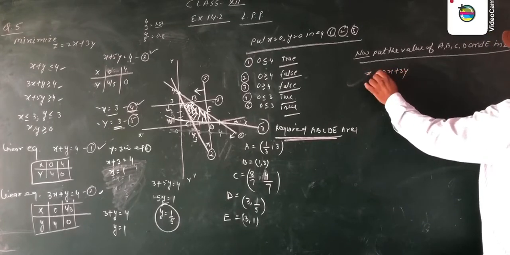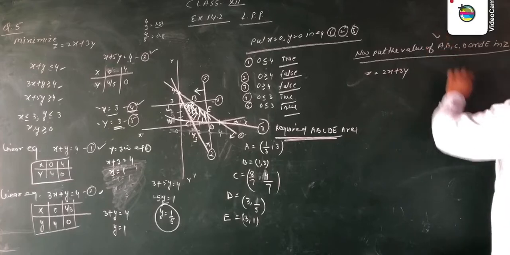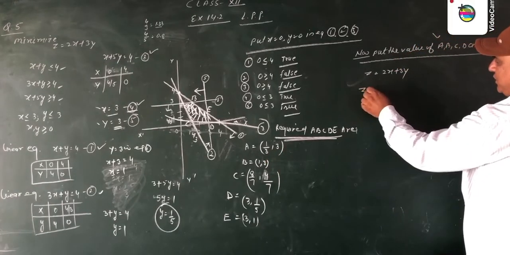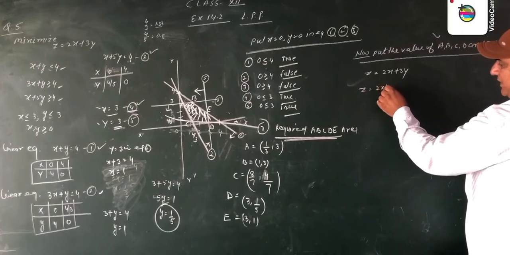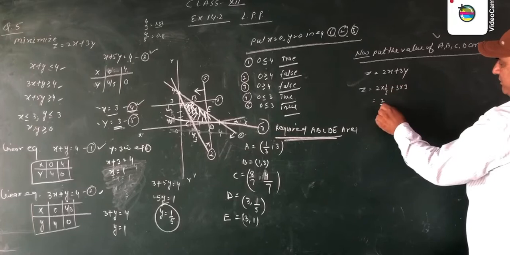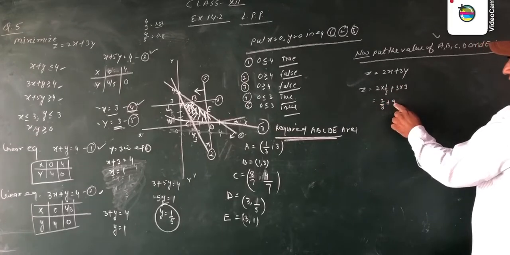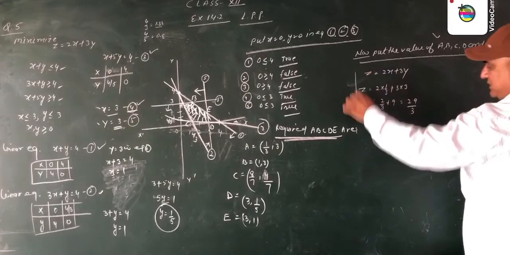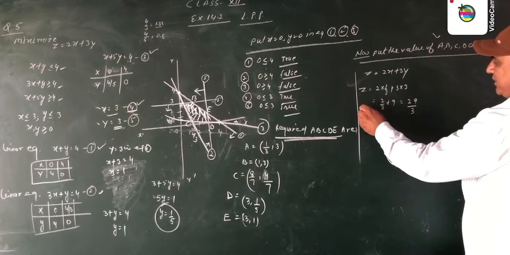We put first the value of A. A is (1 by 3, 3). Put here 2 multiply 1 by 3, 3 multiply 3. We get 2 by 3 plus 9, which is 27 plus 2, 29 upon 3. This is the value of Z at A.